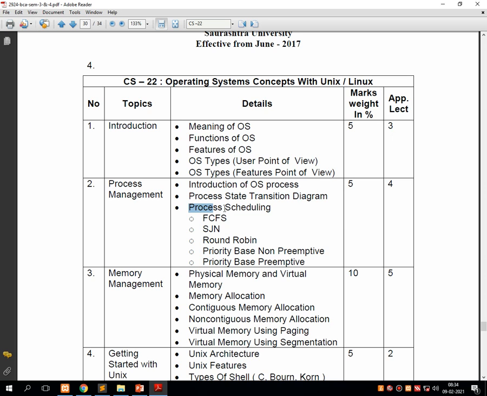Then we started with various process scheduling, in which first we discussed first come first serve, then shortest job next, then round robin algorithm, and then priority based, non-preemptive and preemptive algorithms. So all the topics for chapter number 2, that is process management, are covered.